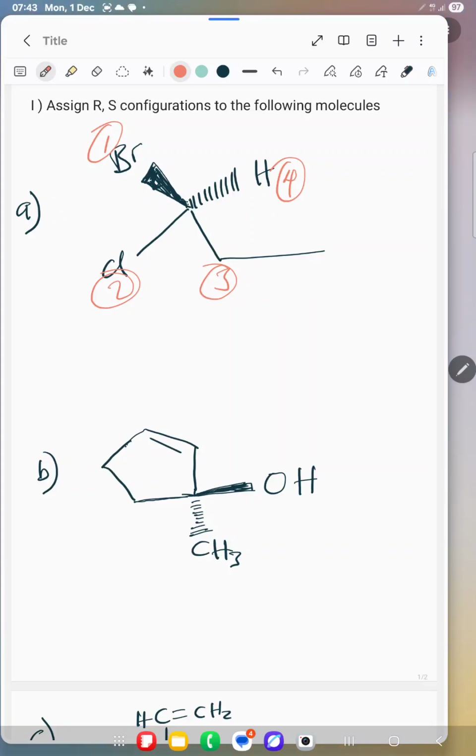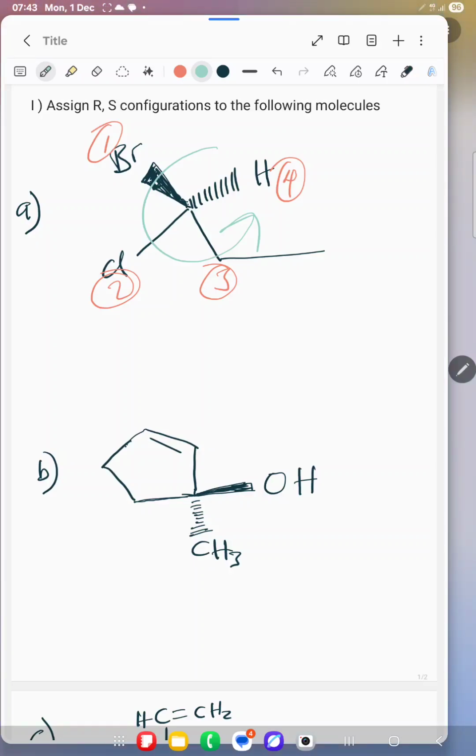From there, what you need to do is to show the direction in which you are moving. The molecule will move like this: number 1, number 2, number 3, number 4. So it's moving in that direction.